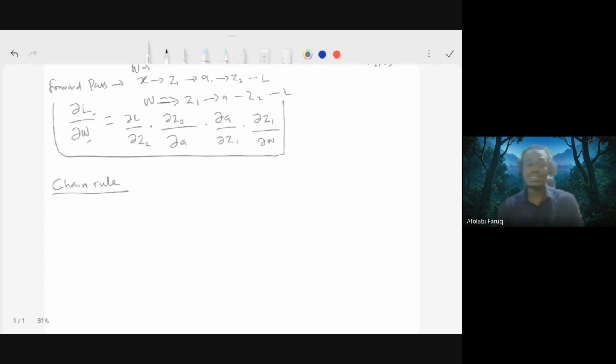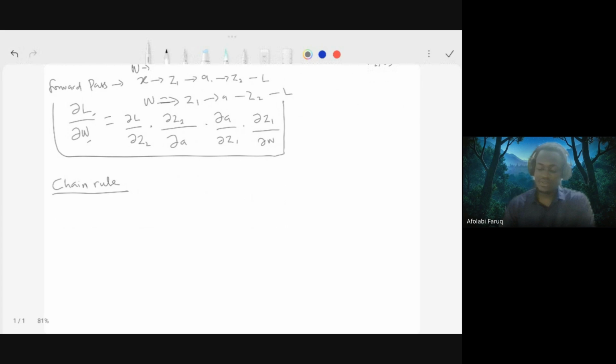So chain rule is a mathematical concept that helps us explain how we can model relationships in a chain. We can model how a particular factor affects another between a chain of interconnected events.